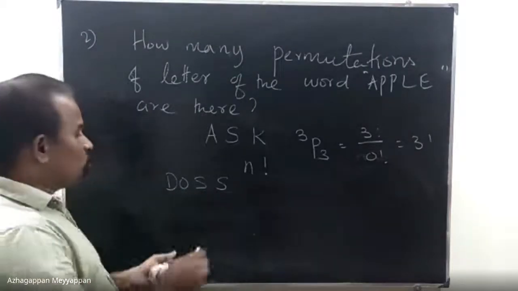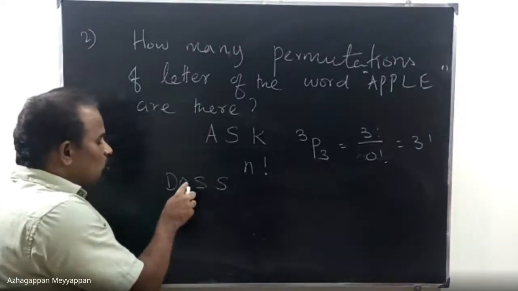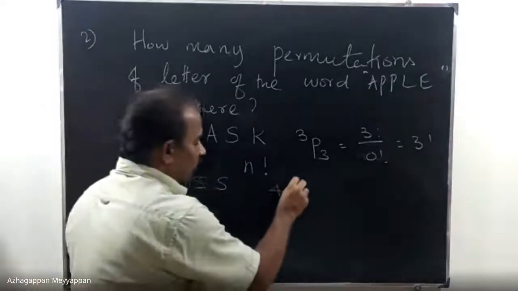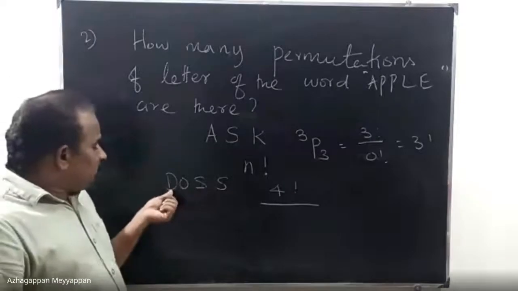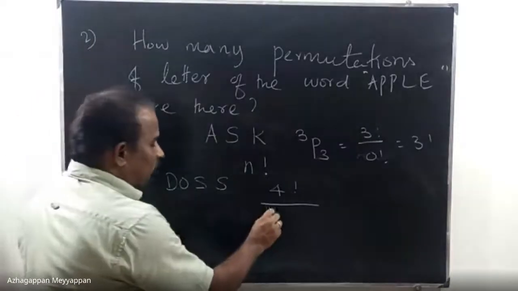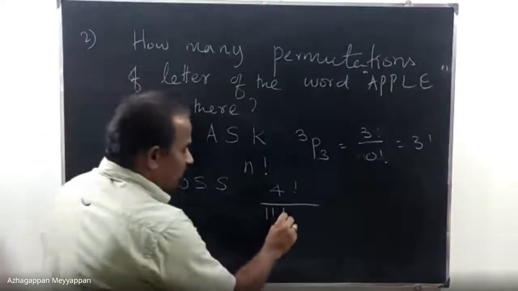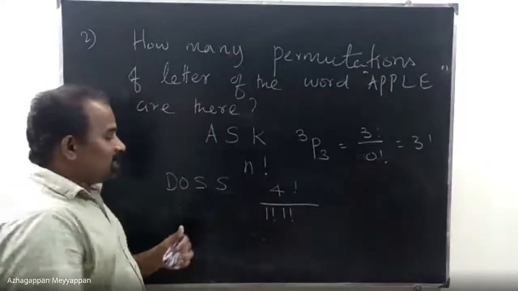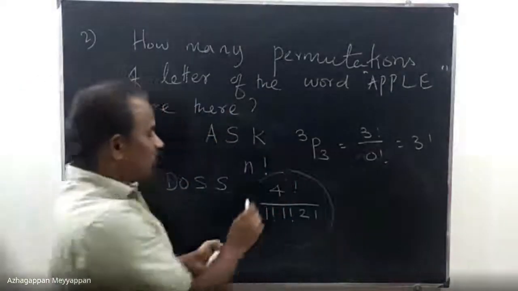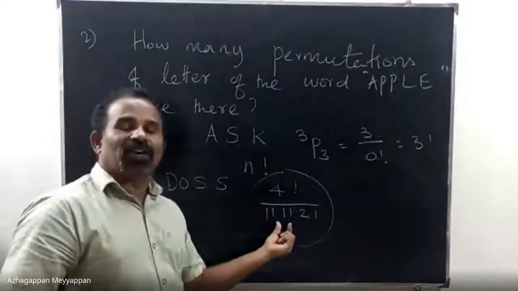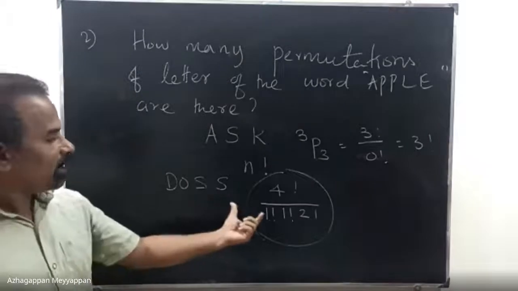In this case, you have to count 1, 2, 3, 4, and write 4 factorial divided by, for each letter: D repeats one time, therefore 1 factorial; O appears one time, therefore 1 factorial; S appears 2 times, therefore 2 factorial. So this is the concept. Usually we will not write 1 factorial, since there is no change in the result.